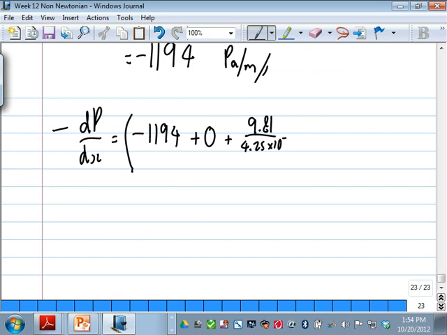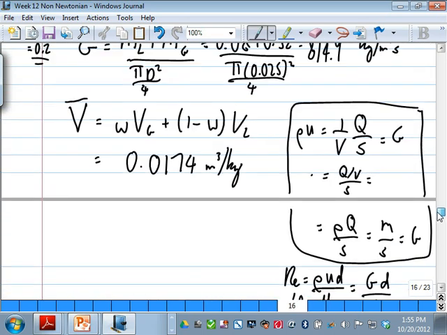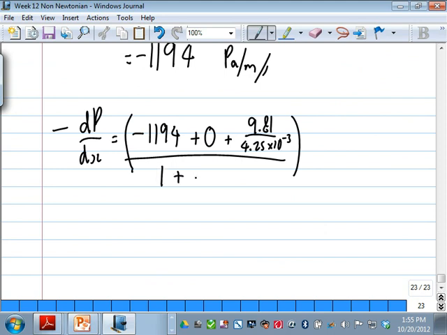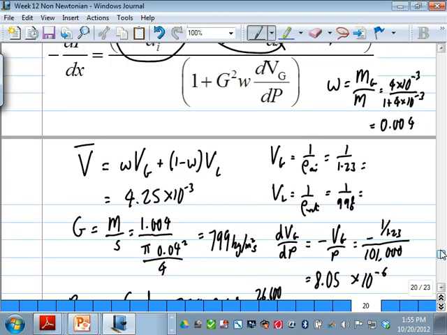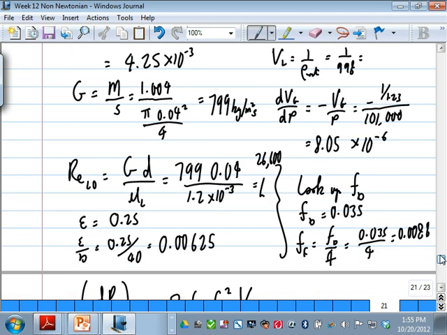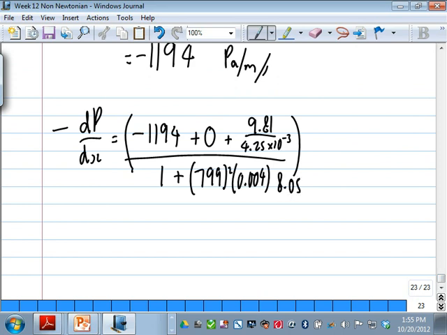All right, bottom term: 1 plus G squared W. G is what? 799, is it? 799 squared. W is 0.004. dv_g/dP is what? 8.05 times 10 to the minus 6. Is that okay? You saw all that, okay?